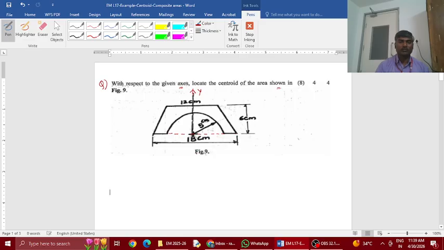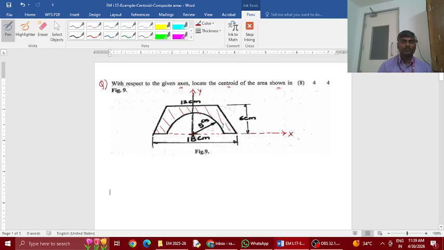So let us say this is the y-axis, and this will be your x-axis. So we need the centroid to be located for this area.